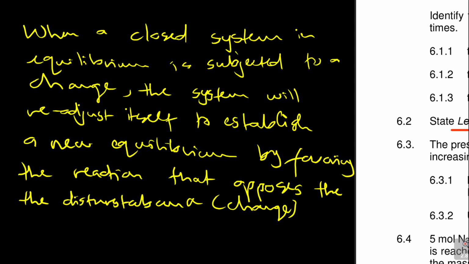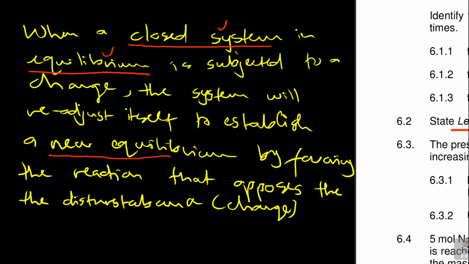Alright, let's look at the keywords there. It says when a closed system, they will mark you that closed system in equilibrium. Those are part marks. It's half mark. Is subjected to a change. The system will readjust itself to establish a new equilibrium.